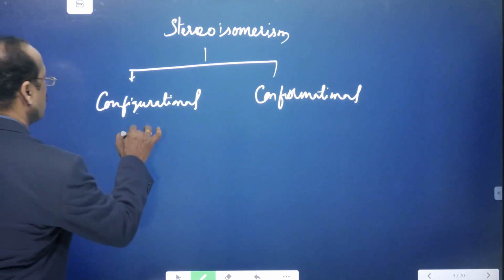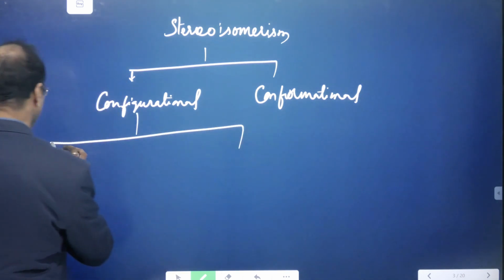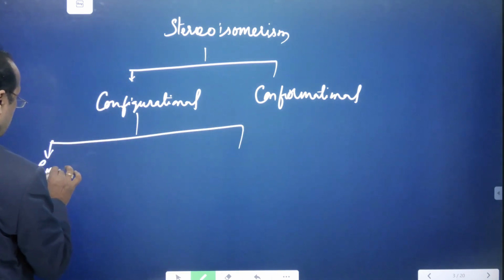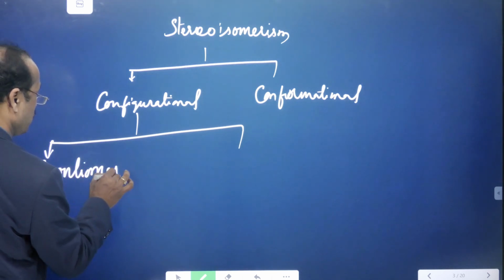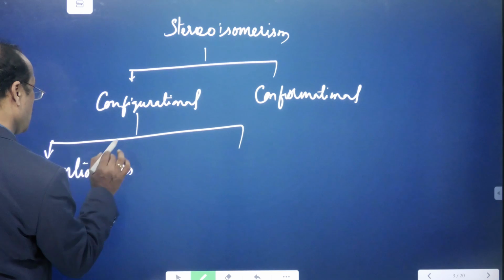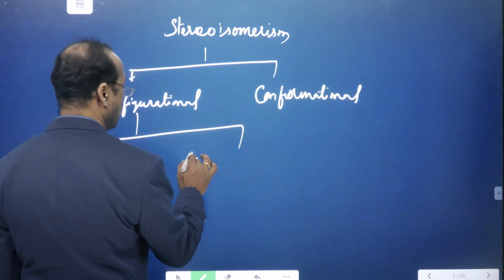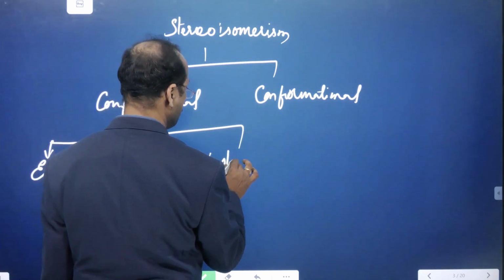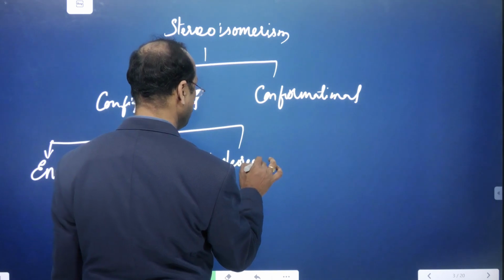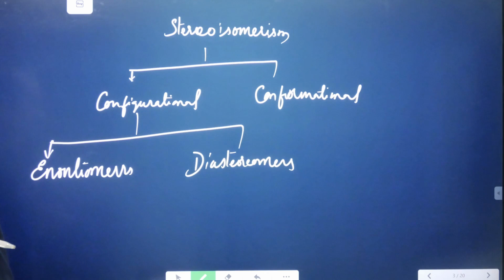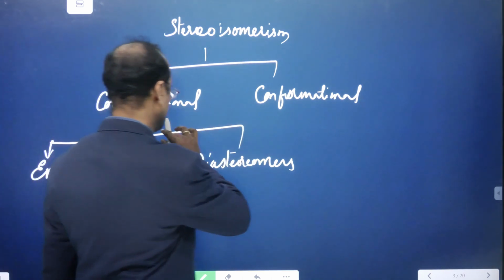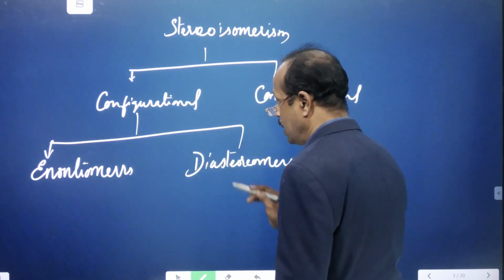One is called enantiomers. This is not given in your textbook. Enantiomers are not given in your material. The second one is called diastereomers. Students, observe carefully here: configurational and conformational.